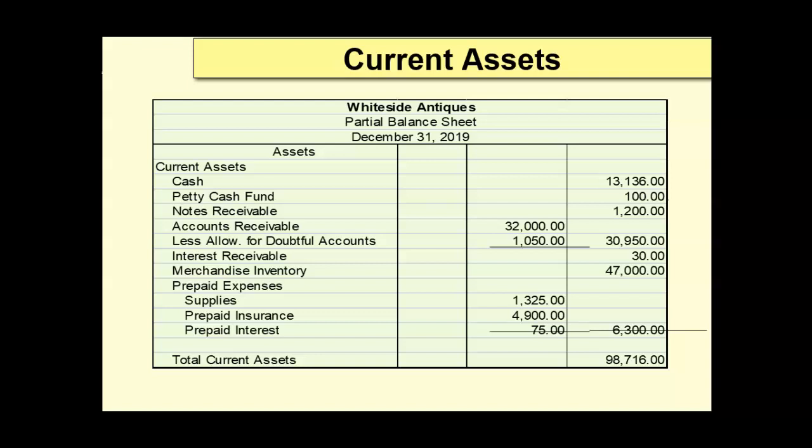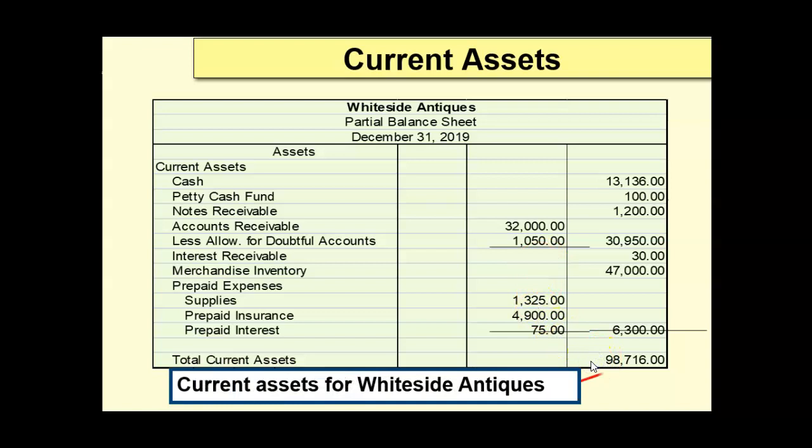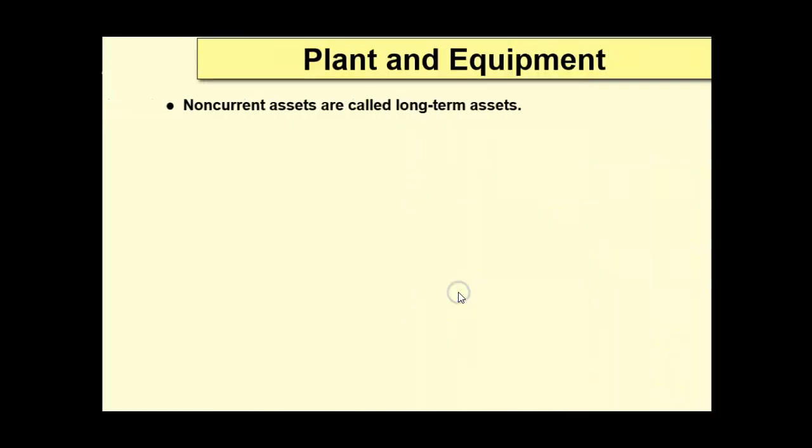Every section of the classified balance sheet will have its own subtotal. So current assets are $98,716.